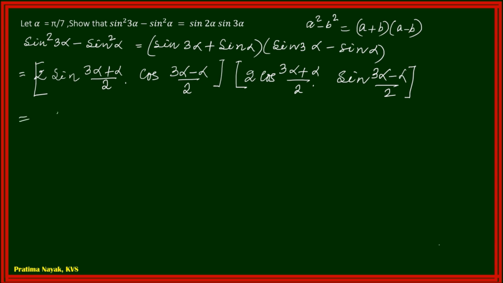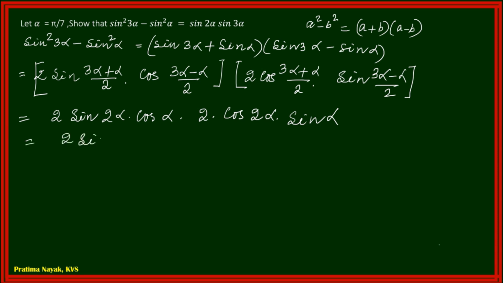So in the next step, it will be twice sine of (3 alpha plus alpha) by 2, that is 4 alpha by 2, which is twice alpha, and here 2 alpha by 2 is cos alpha, multiplied by twice, in the same way, cos 2 alpha multiplied by sine alpha. So I'll arrange 2 sine 2 alpha and cos 2 alpha together, twice cos alpha sine alpha together.